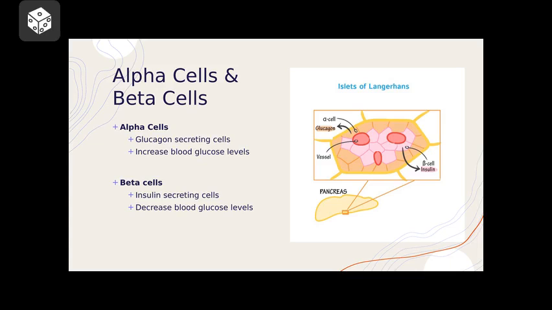So the level of glucose in the blood is going to be decreased because the body's using it. The beta cells are actually going to lead to a decrease in blood glucose levels because the cells are able to use it. We're using it for our metabolism. We use it for everything we need. So alpha cells, glucagon, increasing the blood sugar. Then we've got our beta cells with insulin, and they're going to decrease the blood sugar.